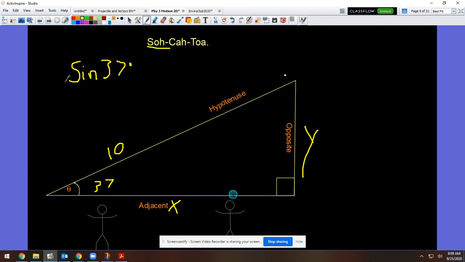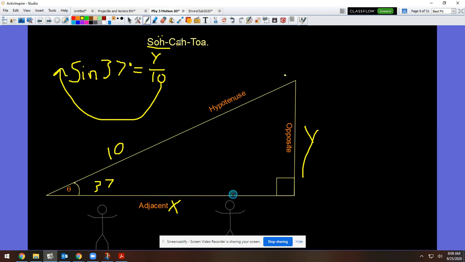So you hit mode, and you go down like 3, and you put in degrees. So the sine of 37 degrees is equal to the opposite over the hypotenuse. So the opposite here is our y over our hypotenuse of 10. And so to solve that, all you do is multiply by 10.